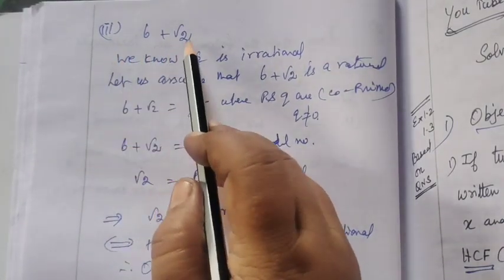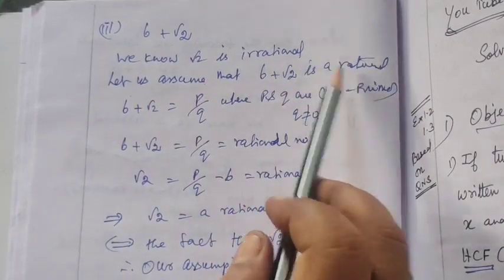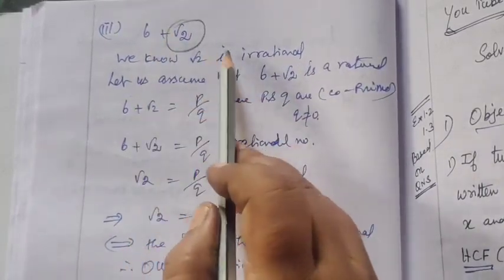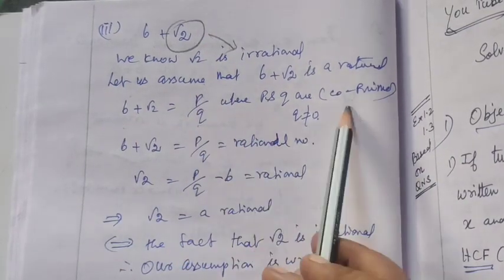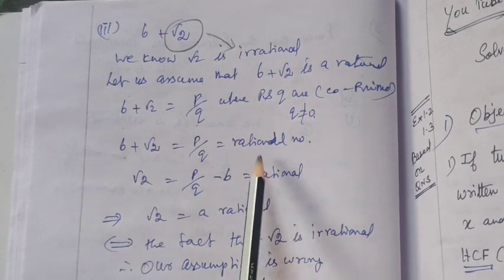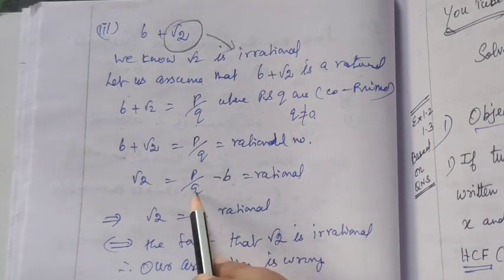Subdivision 3, 6 plus root 2. As usual we are assuming this is a rational number, where this root 2 is an irrational number. So we can write it in the form p by q. Take plus 6 to this side. So you can cross multiply.